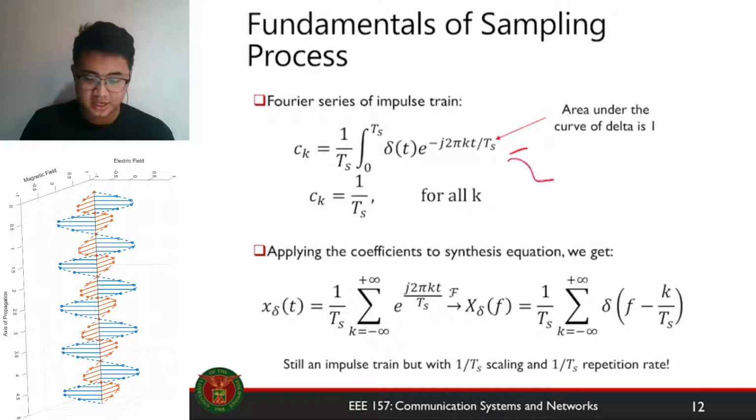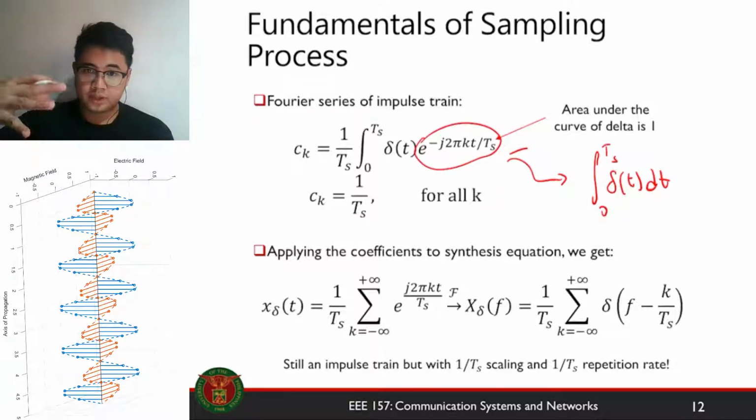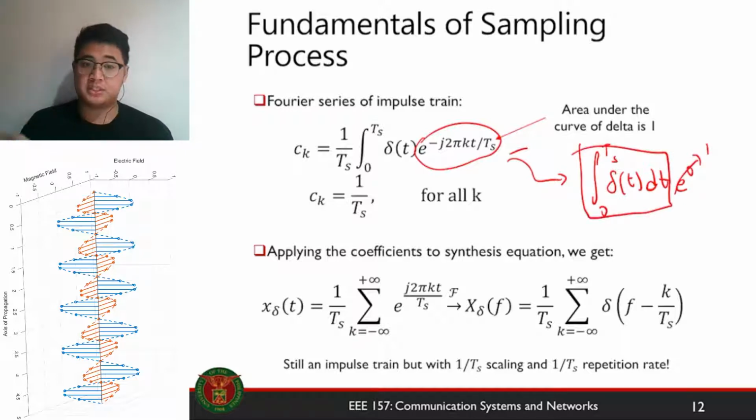So this integral right here will just be the integral from 0 to ts of delta of t dt, okay? And your e here disappears since the value of delta of t is only concentrated at t equal to 0, then this e will be e to the 0, and that will just be equal to 1. So you're just getting the integral of this, which is by definition equal to 1.